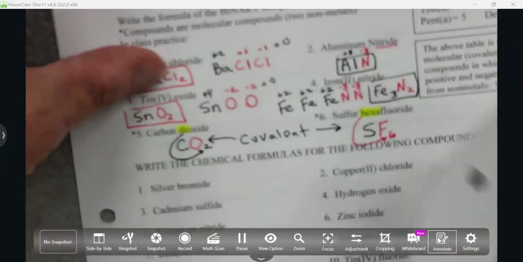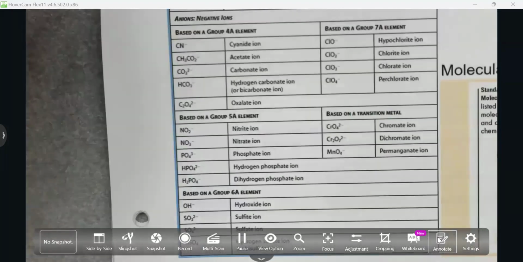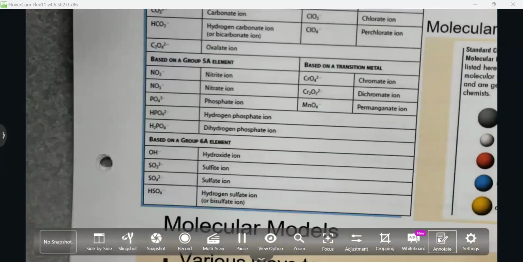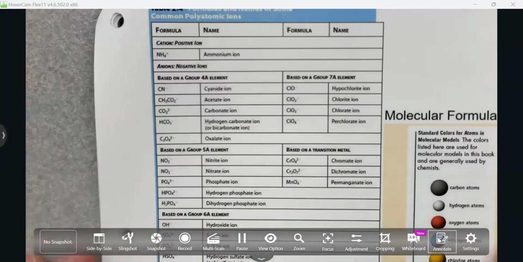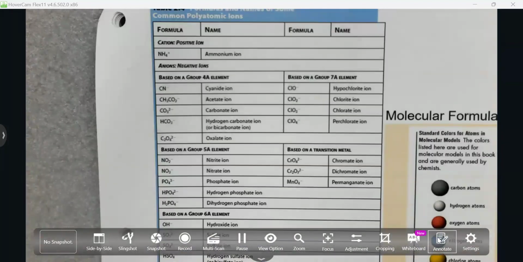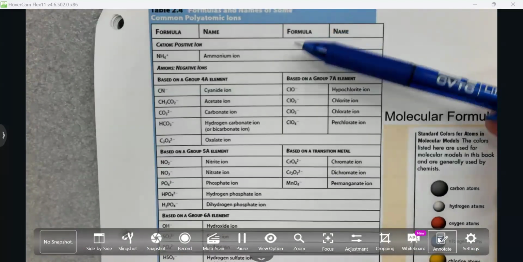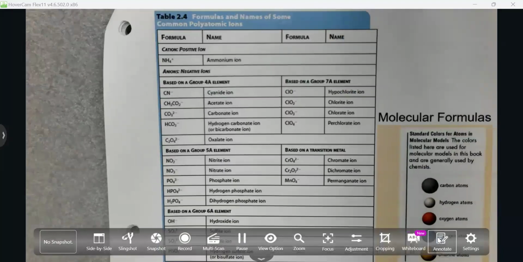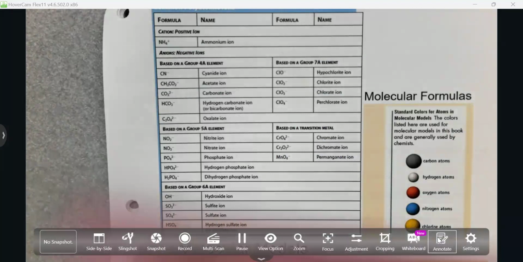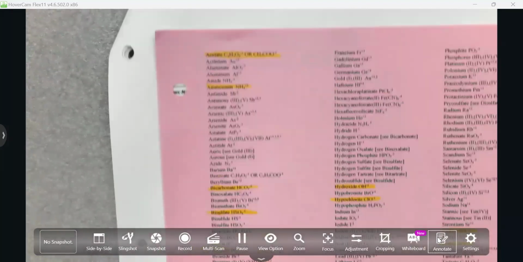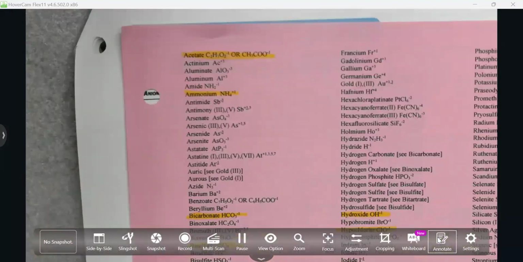Now let's do this. These ions here, we need to take a highlighter. Grab your pink sheet, take a highlighter, whatever it is. These are the common ones that we are going to highlight right now.